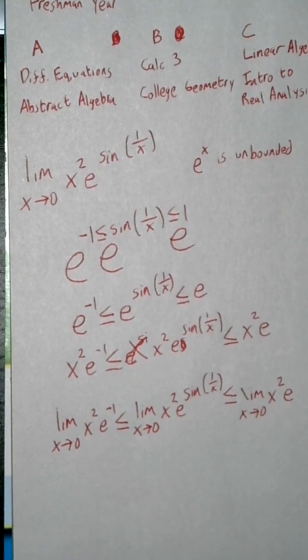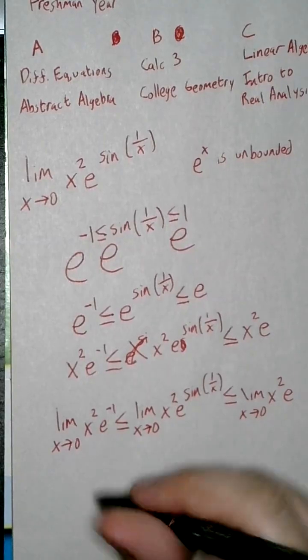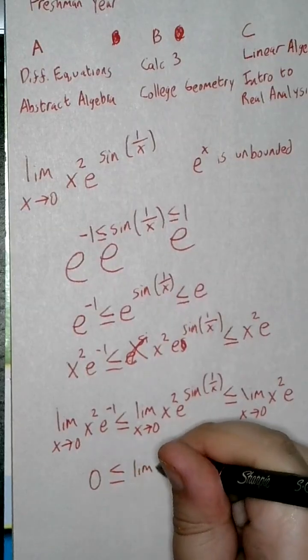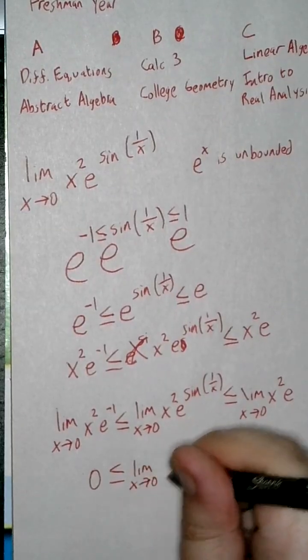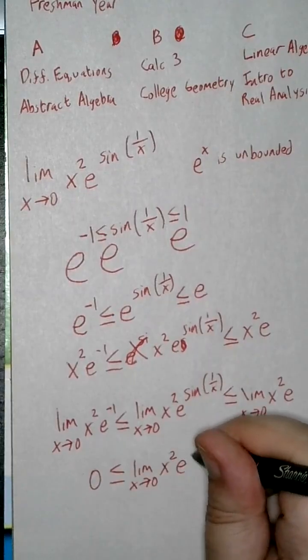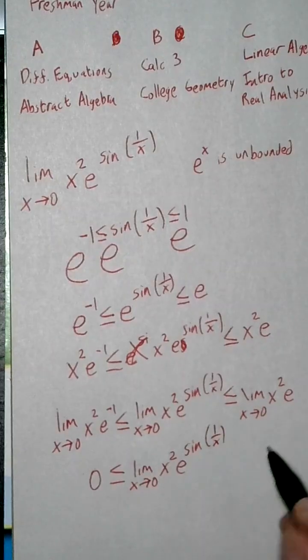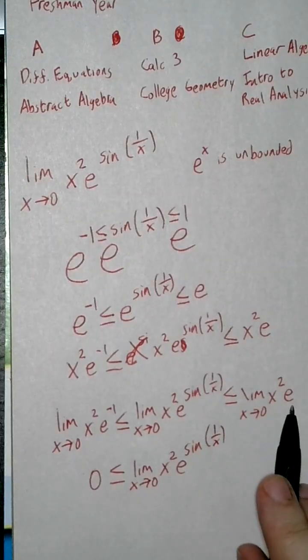I finally understand applying. You're most certainly welcome, Matthew. I'm really happy to hear that. So yeah, so this limit is 0, which is less than or equal to the limit as x approaches 0 of x squared times e to the sine of 1 over x. And now, what about this side?